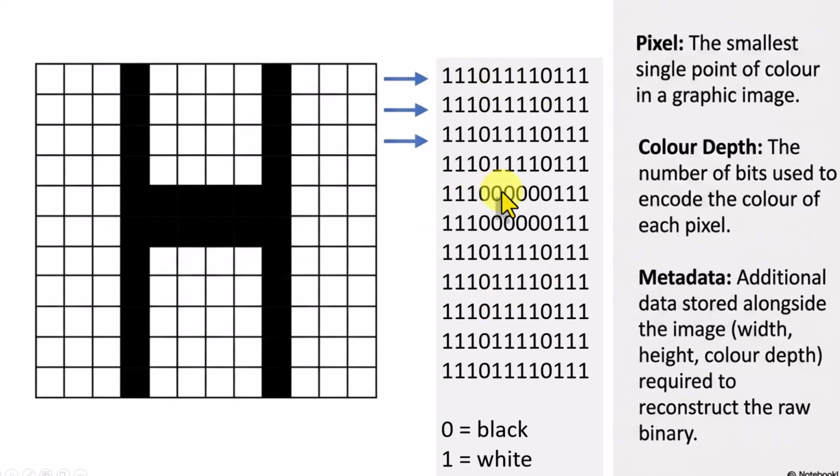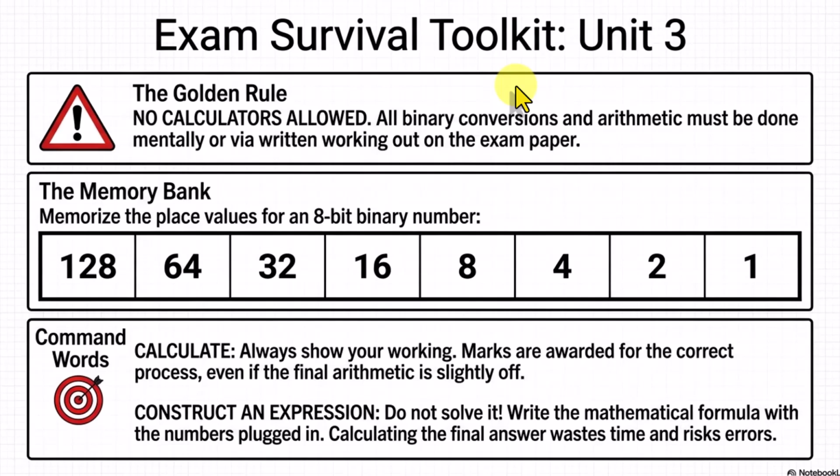So this will be stored as metadata before this, some other information that tells the software or the program that this image has a width of this many pixels, a height of this many pixels, and a color depth of, for example, 2 bits, 4 bits, or 8 bits. We will study them in detail in the future. Right now, just an introduction to binary.